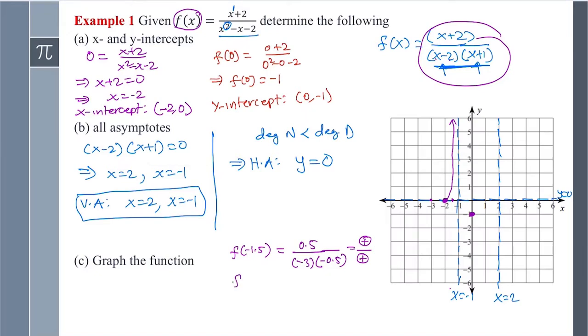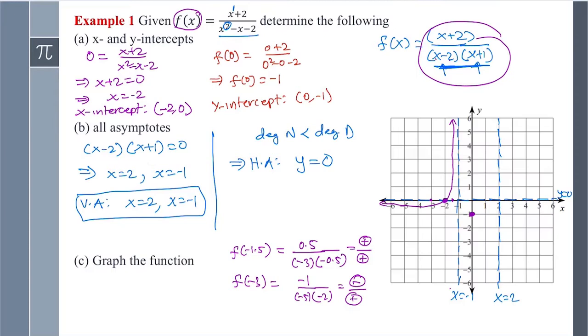If we do f of -3, we get -1 in the numerator, and in the denominator, -3 minus 2 is -5 times -3 plus 1 is -2. So we get negative in the numerator and positive in the denominator. That means the graph is below the x-axis, and then it goes closer and closer to the x-axis because that is the horizontal asymptote.